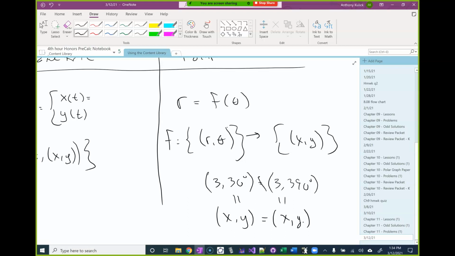Alex? So the theta comes in as the angle. Theta is an angle measure. Yeah, so basically these polar coordinates are like vectors. You have a length, and r is a length, that's the distance from the origin to the point, and theta is the direction.